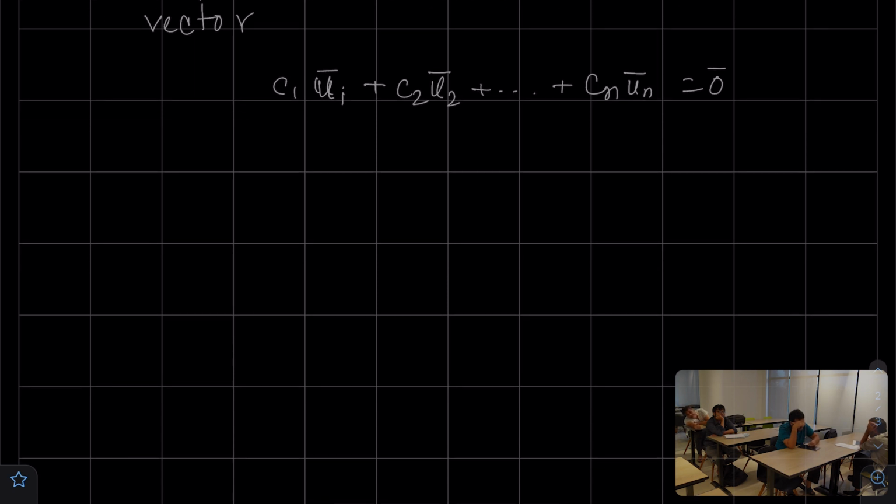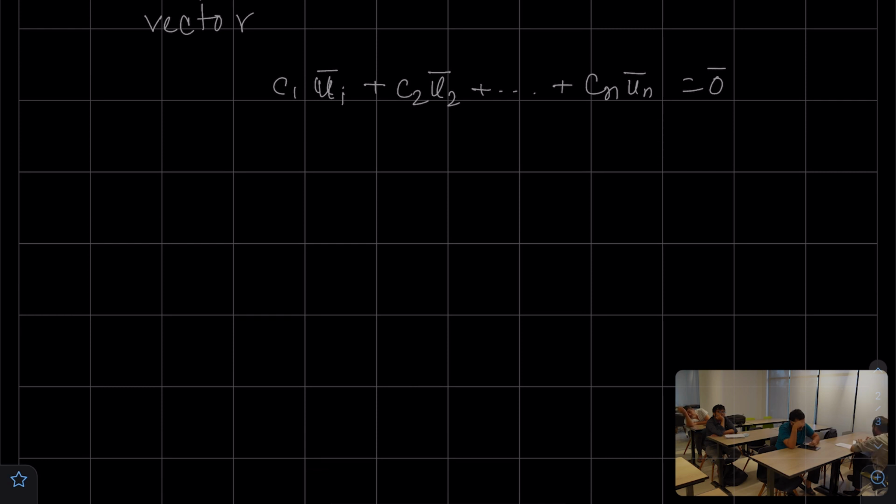So the definition of linear dependence is C1 u1 vector plus C2 u2 vector plus Cn un vector is equal to 0 vector.